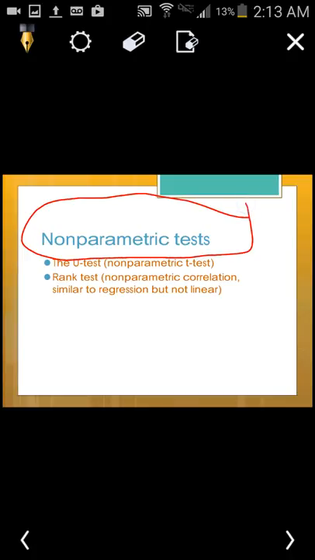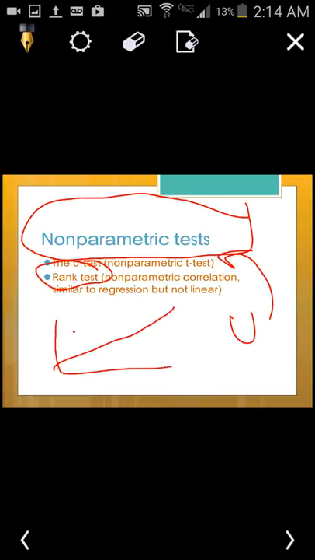Non-parametric tests. The U test is the non-parametric t-test. The rank test is a non-parametric correlation. Similar to your linear regression line of best fit, how it fits that line.